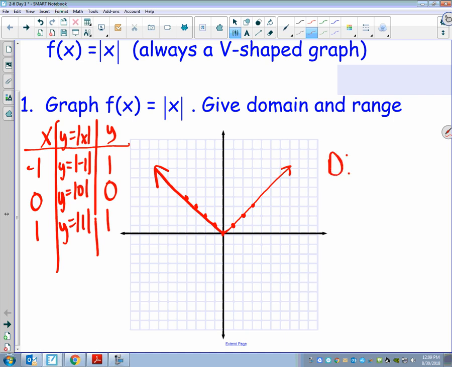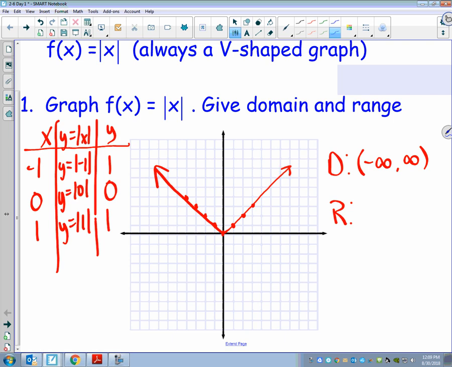So the domain and the range of this. Well, just like a linear function, think about x can be anything. You can plug in negatives, you can plug in positives, you can plug in fractions. So the domain is all real numbers, or -infinity to infinity. But the range is what are the y values? What kind of y values do I get from this? If you look at the graph, the only y values are positive, right? There's no negatives here.